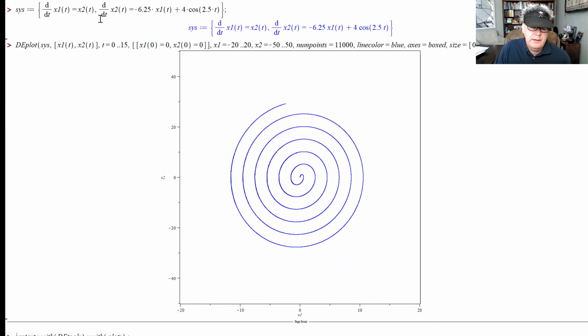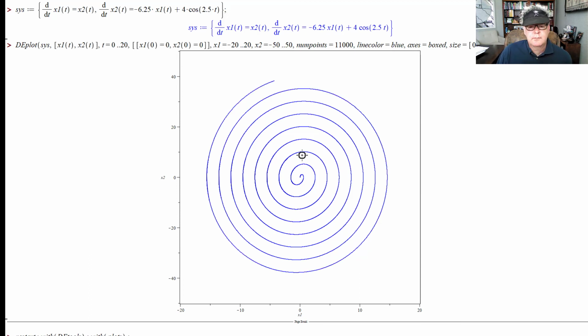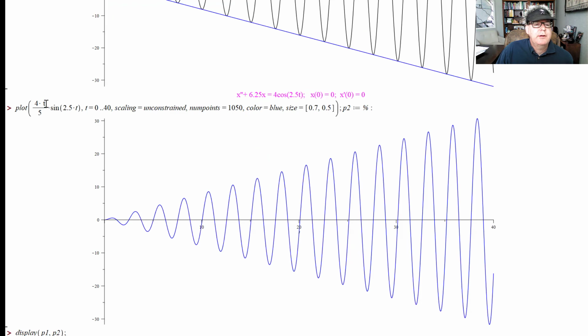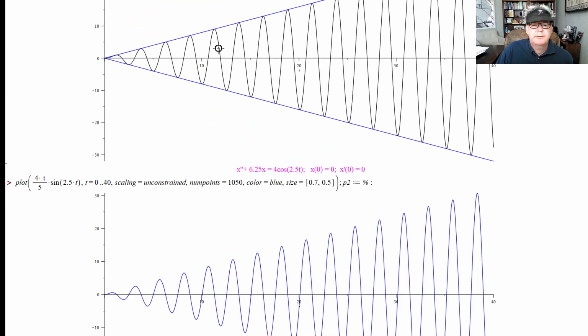I don't know why the direction field didn't get plotted, but it does plot the solution. So we're going to start at the origin, and it's just going to grow and grow and grow. It's not going to spiral back. I go to 20, and you can see it's kind of equally spaced, because it's growing linearly in its position. Right, 4t over 5, so it kind of grows linearly.